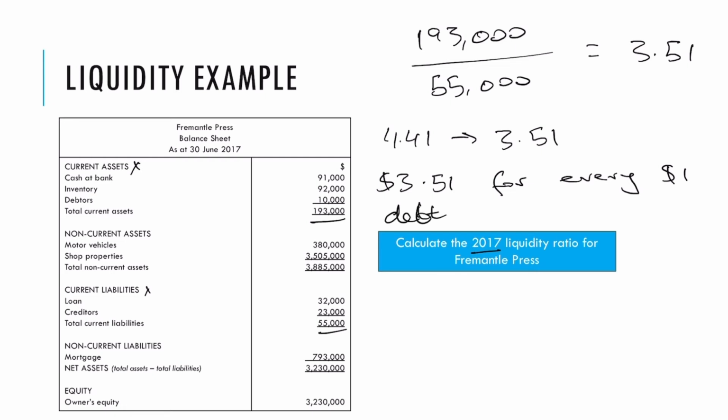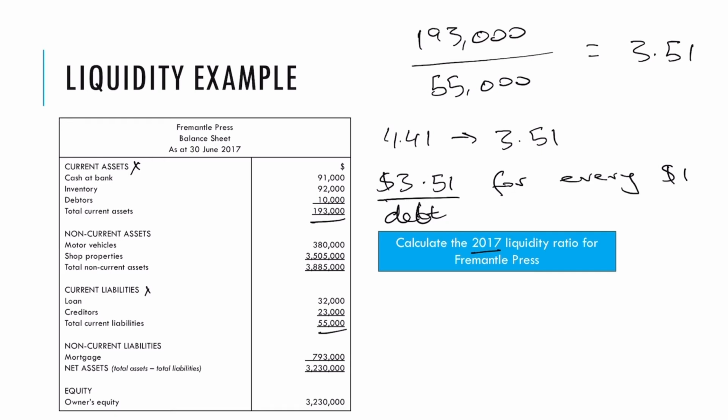So there was a slight decrease in their liquidity, but they're still quite a liquid company, right? This is still quite a high figure. It's still significantly over the $1 mark, which is the category for a liquid company.